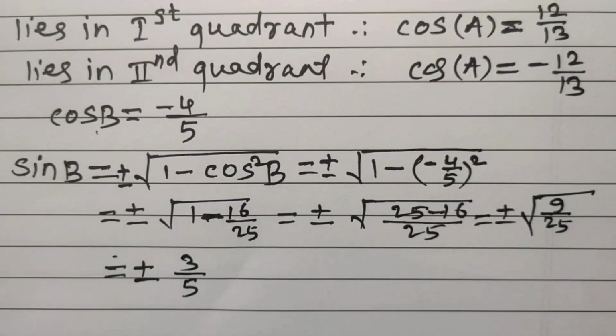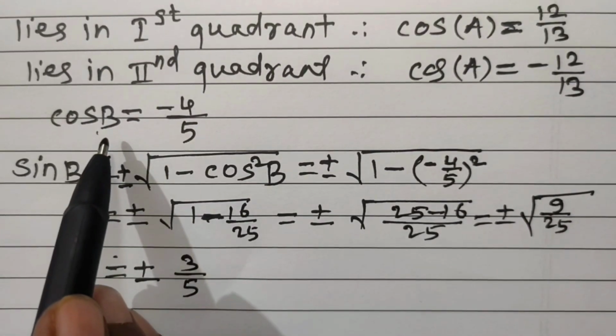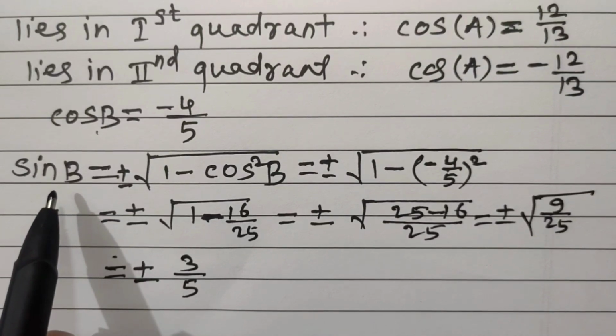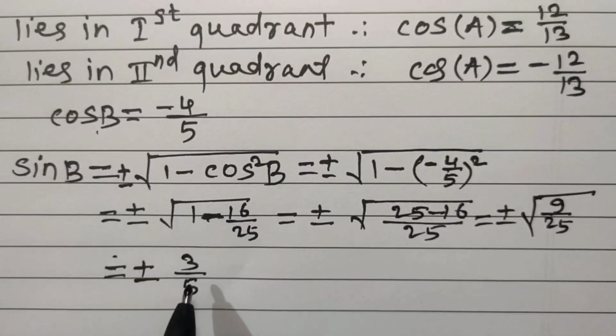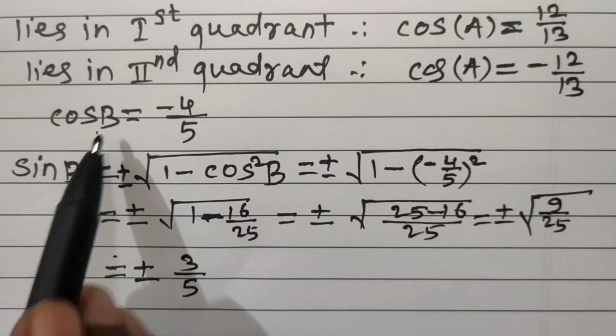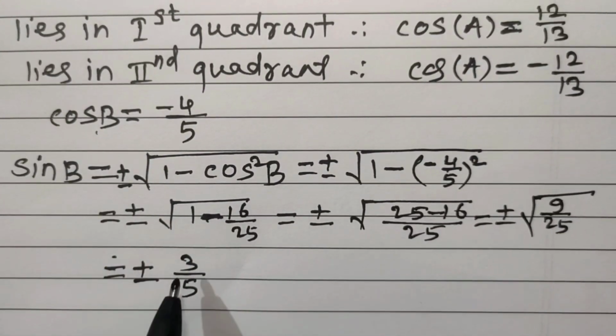If we assume B lies in the second quadrant, then the sin ratio in the second quadrant is positive, hence sin B will be plus 3 upon 5. And if B lies in the third quadrant, in that case sin B will be minus 3 upon 5.